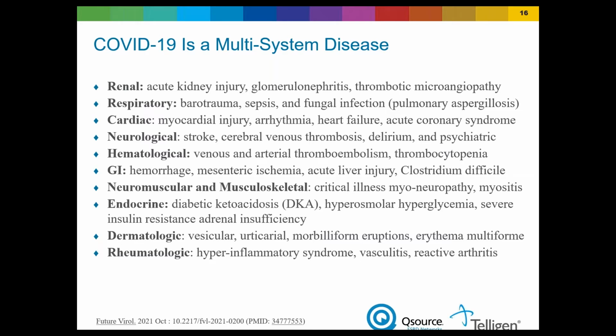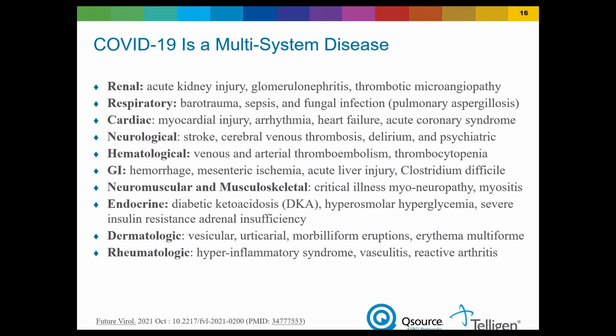So this is a short list of the complications at different systems. Just to name a few, for kidneys, there's acute kidney injury, glomerulonephritis, and thrombotic complications involving multiple systems. Respiratory barotrauma and pulmonary aspergillosis have been reported.